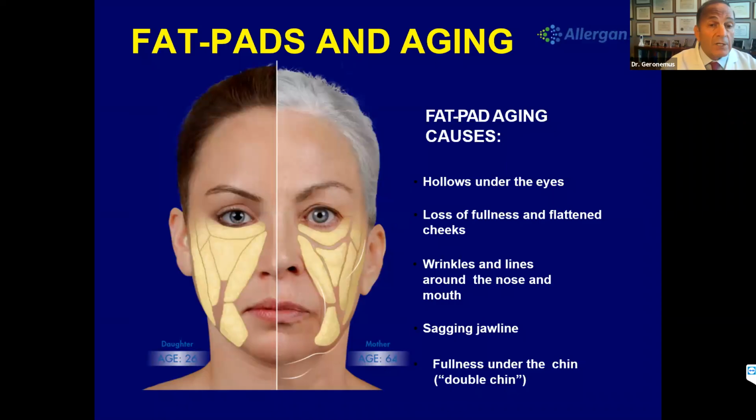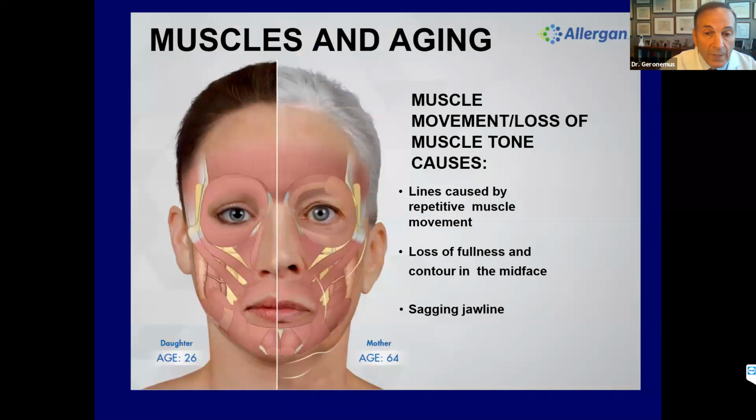There are also changes in the fat pads as part of the aging process. You see hollowness under the eyes, you see loss of fullness and flattened cheeks, the wrinkles and lines, not only around the mouth, but also on the cheeks as well. And again, the sagging jawline. So what's happening here?